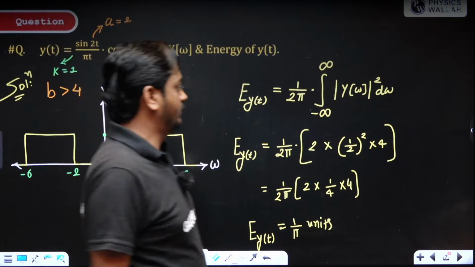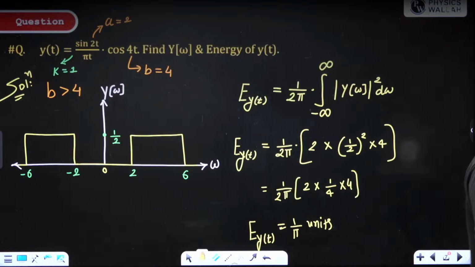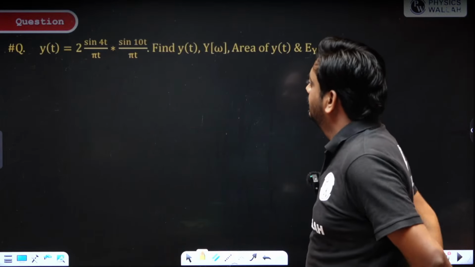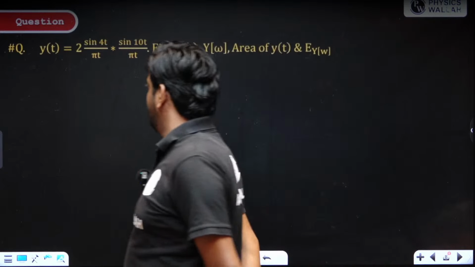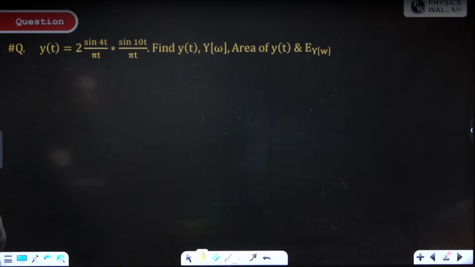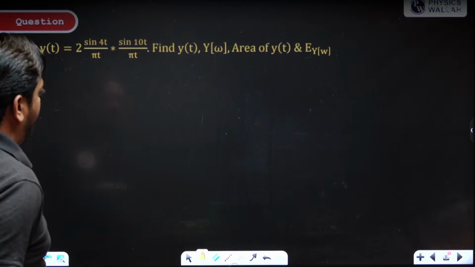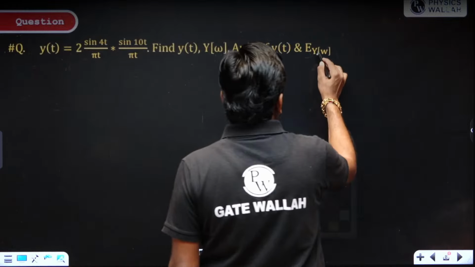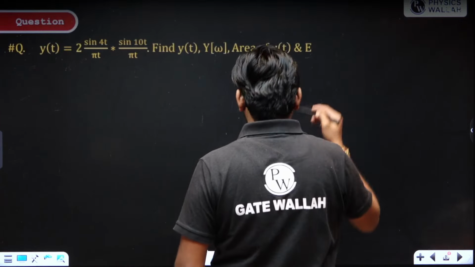So this is also a very important question. This type of question can be asked in the upcoming GATE exam. Now the next question: y of t equals 2 sin 4t by pi t convolved with sin 10t by pi t. Find y of t, y of omega, area of y of t, and energy of y of t.